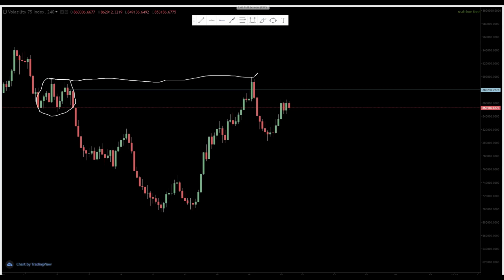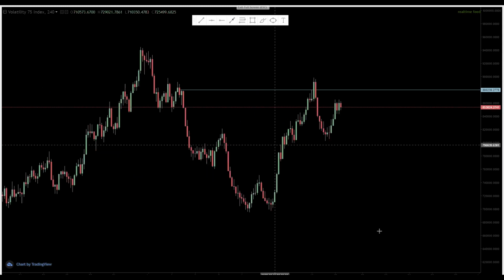It remained inside, but it made a fake breakout above that order block. Just like I said yesterday, VIX 75 has a tendency of making fake breakouts. So it is very important that you exercise patience every time you are trading, because this will help you not to make mistakes.